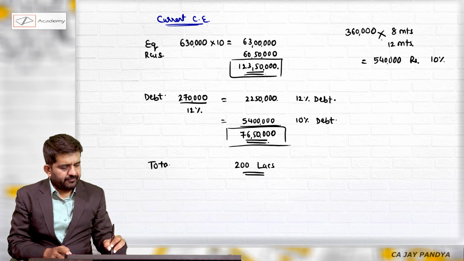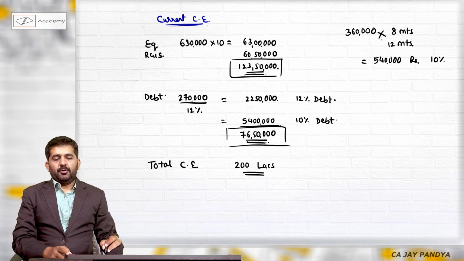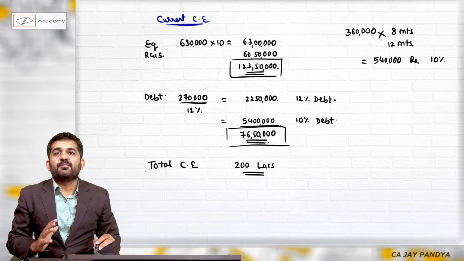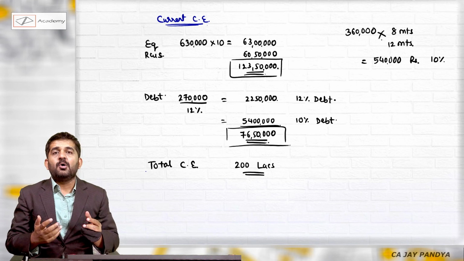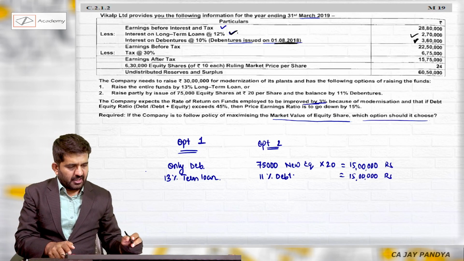That will be the total capital employed. Once we have found out total capital employed, let us find out the current R without raising additional capital. What is your current R?